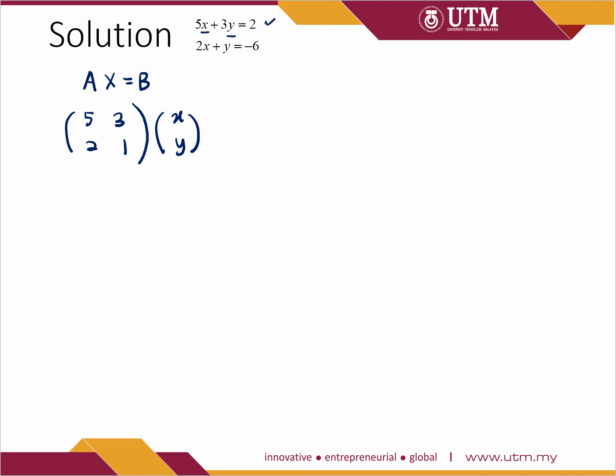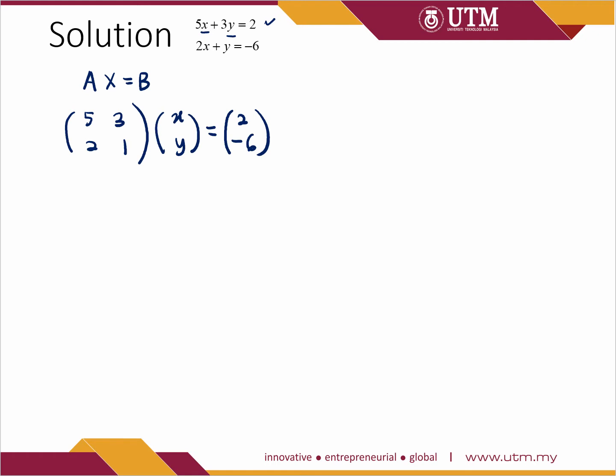But if the variables given are x1 and x2, then you have to write the X matrix as x1 and x2. This will equal B, where B is given as 2, negative 6.